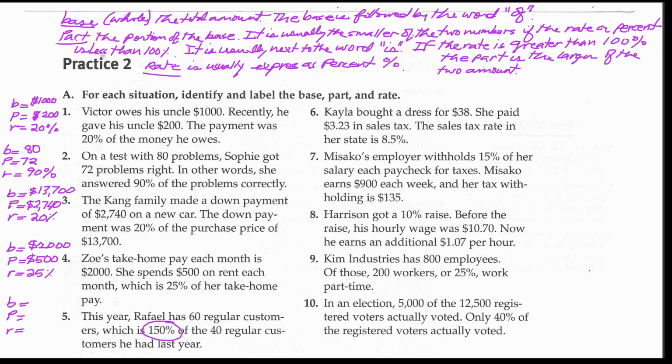You remember I told you here? If the rate is greater than 100%, the part is the larger of the two amounts. Okay? So in this case, the base is going to be the 40, which is the smaller amount. The part is now the greater amount. And the rate is 150%.